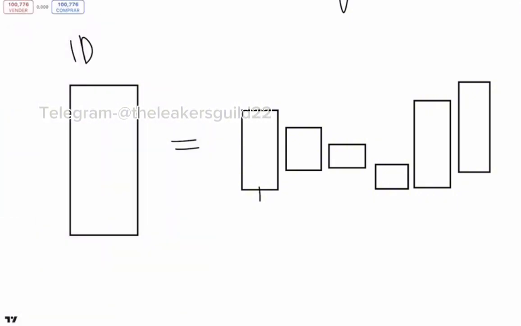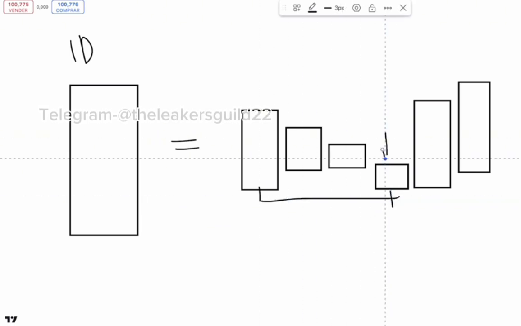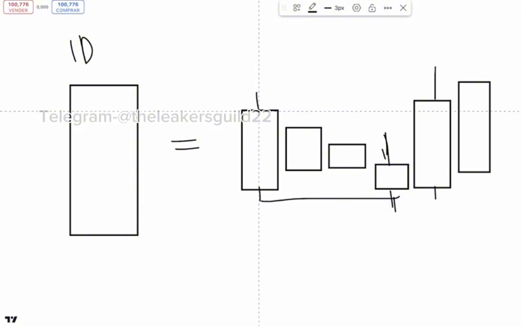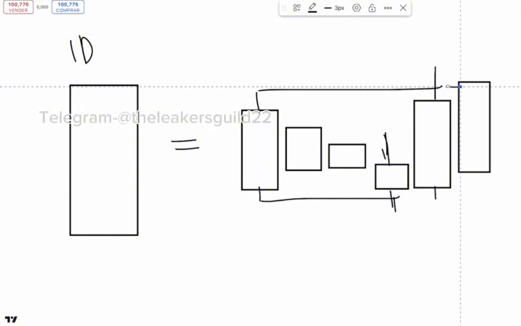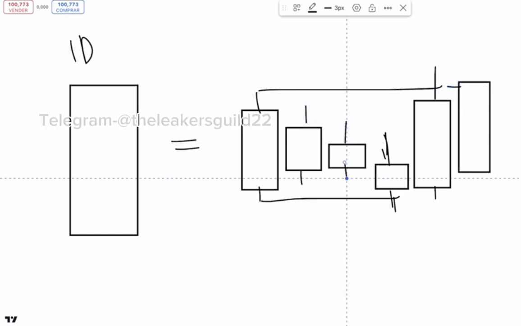All you want to do is trade two to 3 of the 4-hour candle ranges, right? With special focus being on the 1 and 9 candles, right?